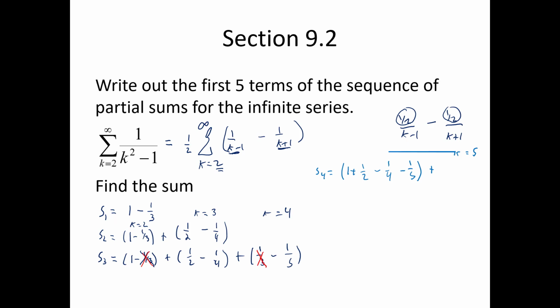And when k equals 5, you get 1/4 minus, I'm sorry, minus 1/6. k is 5, so 5 plus 1 is 6. And you can see now that the quarters go away.